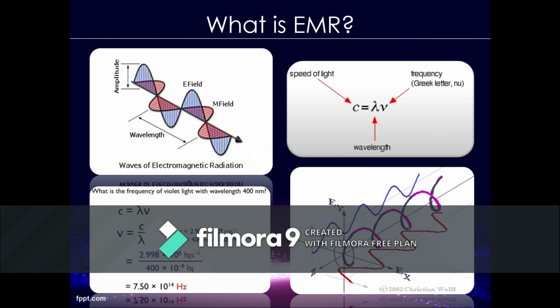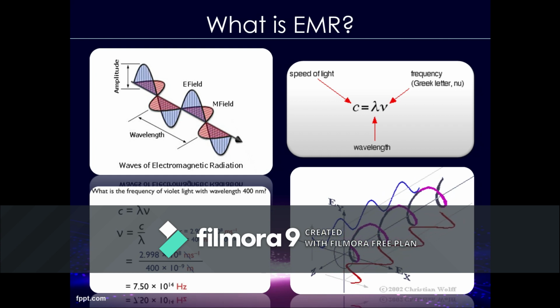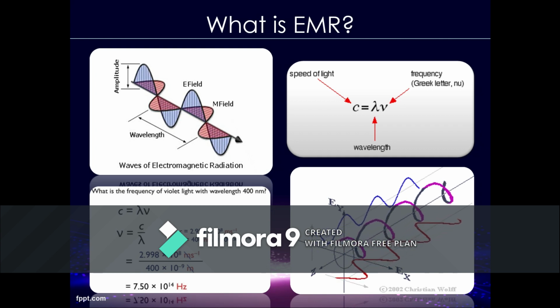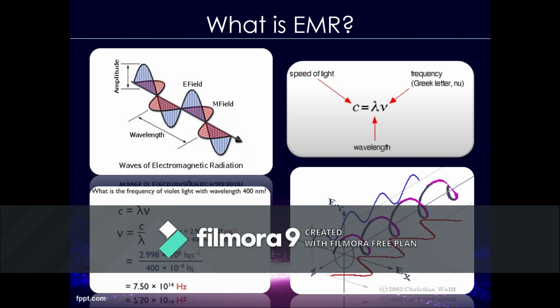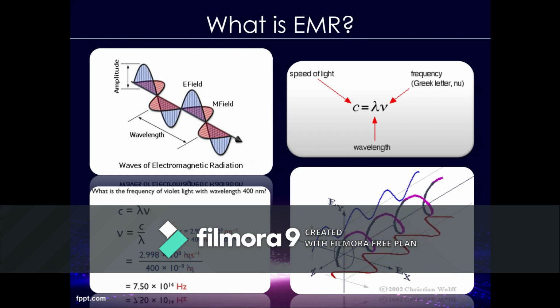And it clearly shows that the frequency is inversely proportional to wavelength. Clear? The speed of light is c, lambda is the wavelength, and nu is the frequency. So the frequency is inversely proportional to the wavelength.